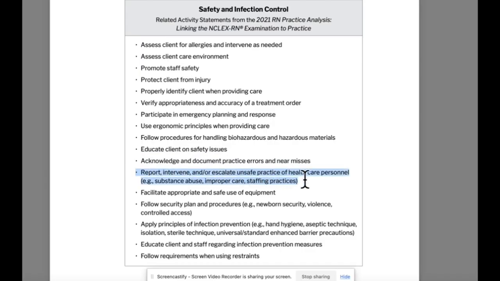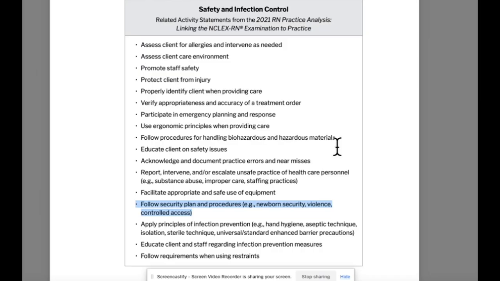Report, intervene, and/or escalate unsafe practice of healthcare personnel, e.g., substance abuse, improper care, staffing practices. Facilitate appropriate and safe use of equipment. Follow security plan and procedures, e.g., newborn security, violence, controlled access.